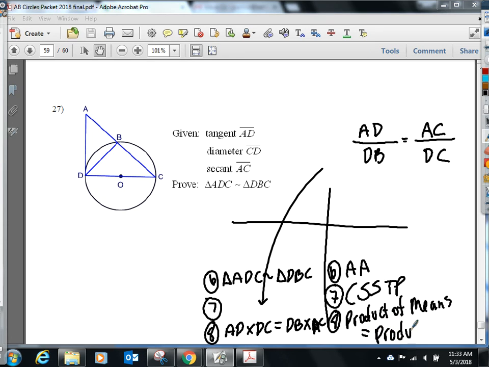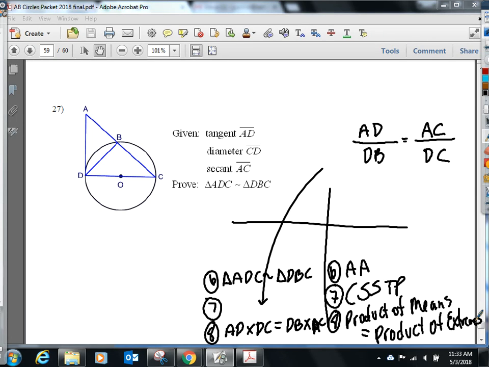And if you have to set this up yourself, make sure AD and DC are diagonal, not on top of each other or across, because that's the only way I'm going to cross multiply them.